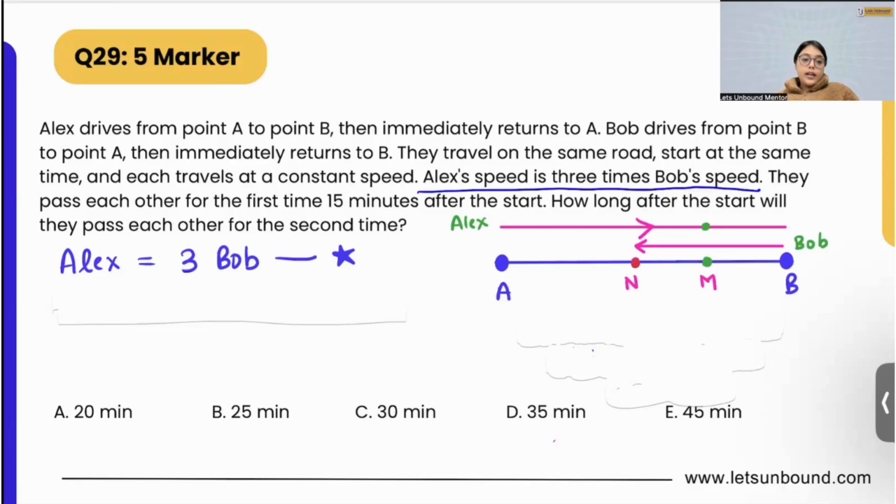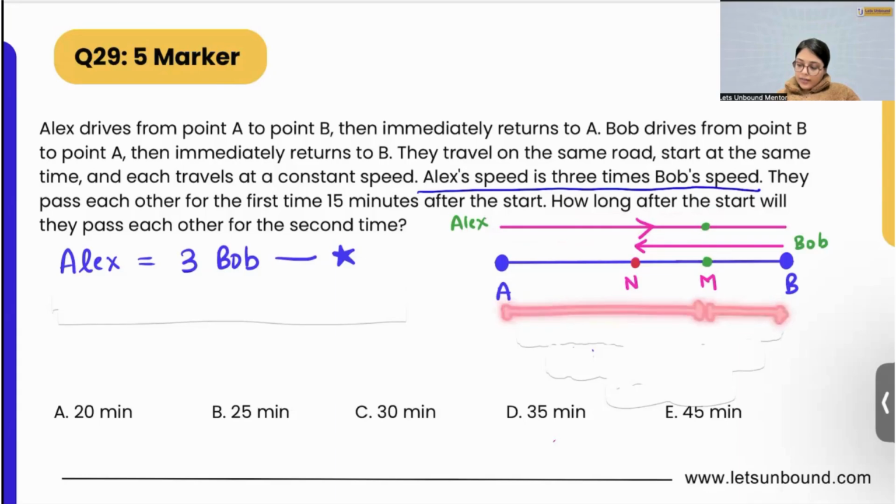Because we got to know that Alex is moving 3 times faster than Bob, if Alex is at M, you can see from the diagram itself, this is 3 times what Bob has traveled.